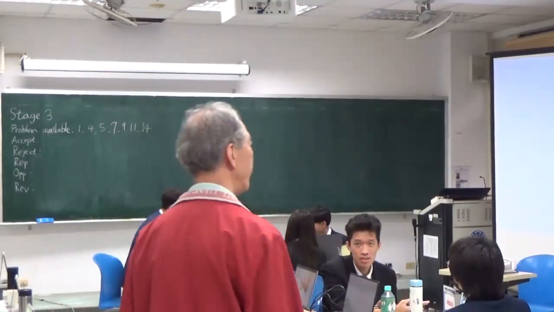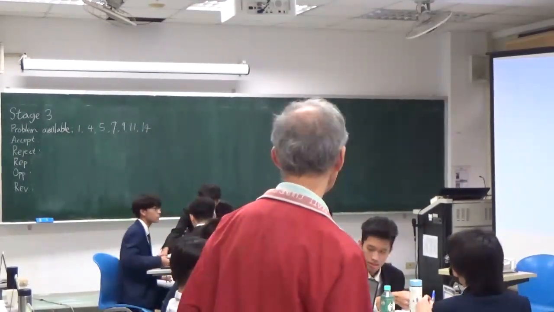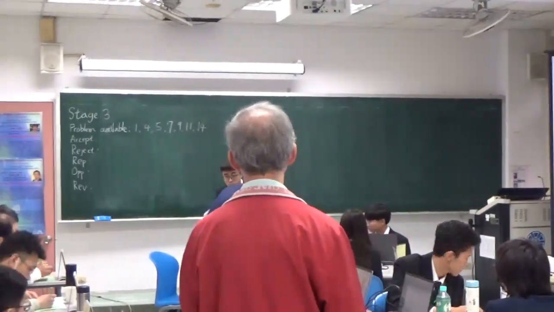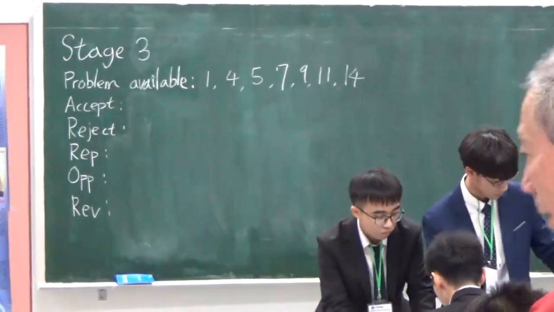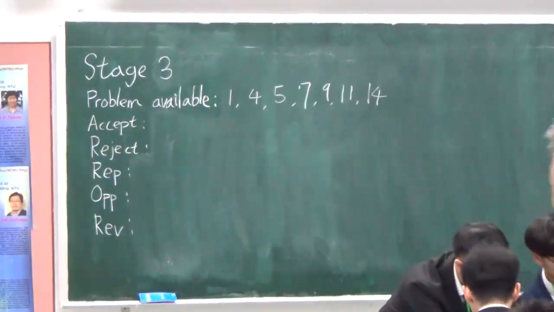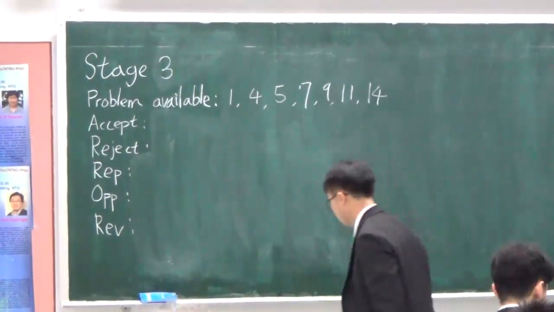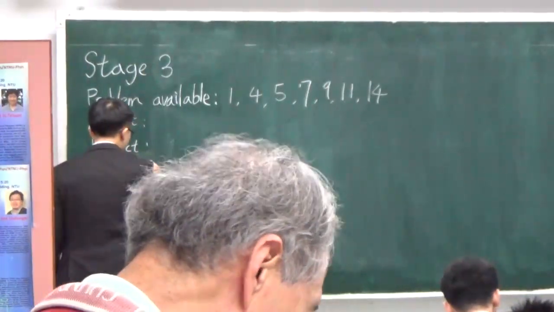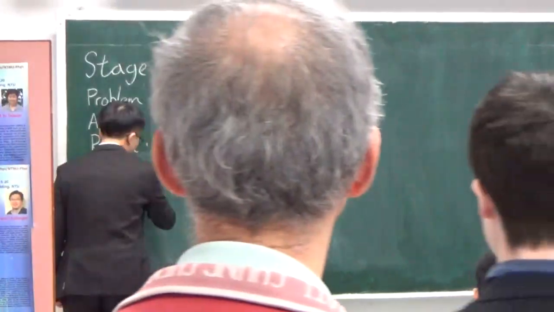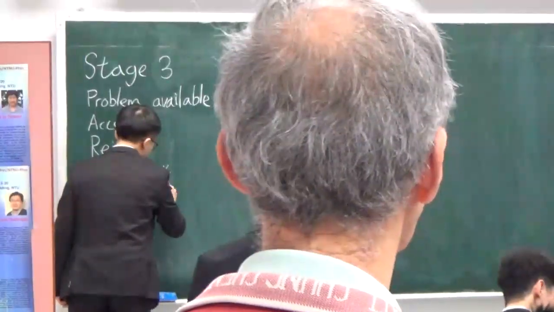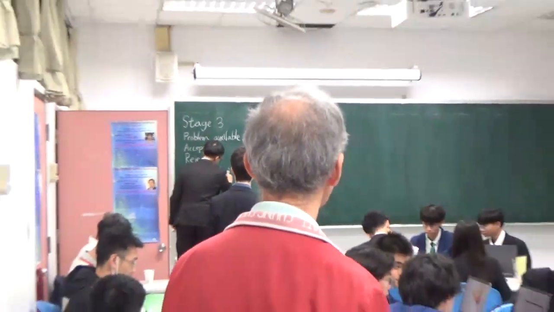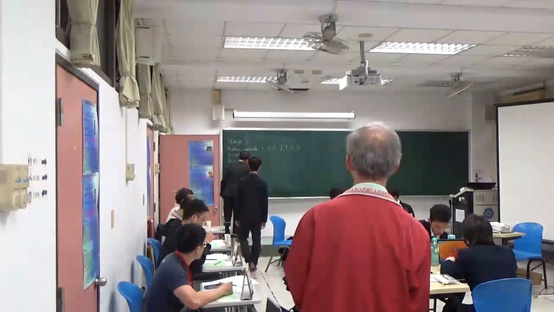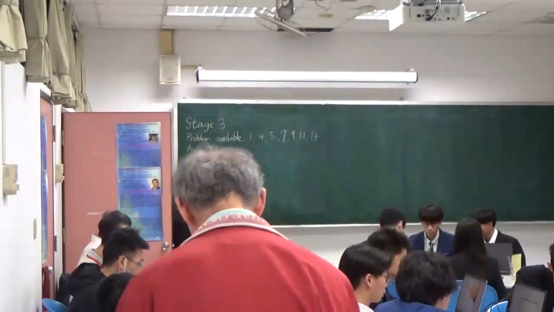Okay, problem number 4 will be the next problem to discuss. Alright? 7 minutes for the reporter to prepare. Please write down names from each team to take part in this problem.